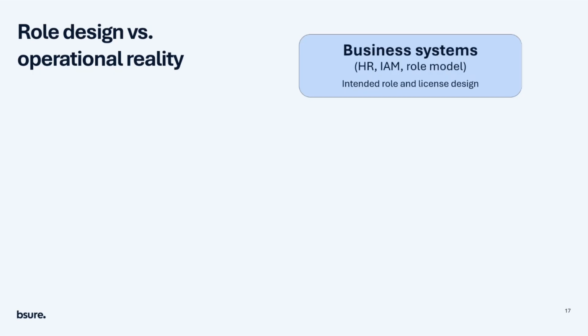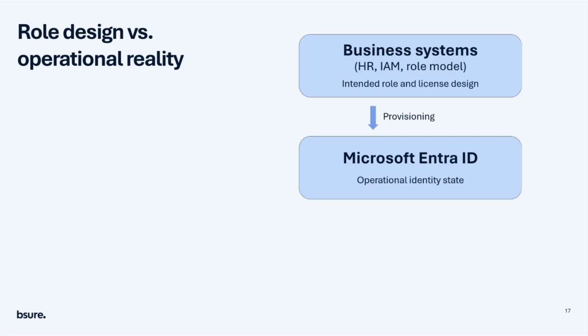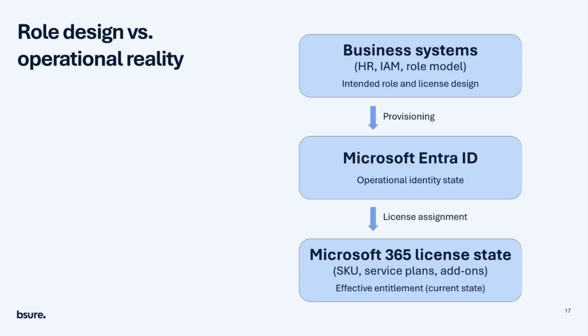Typically in a business, you have some business system, right? You have some HR systems, and large organizations might have an identity and access management tool, and you create some role models. Based on that, you get users provisioned to Entra ID, and licenses are assigned to the users.